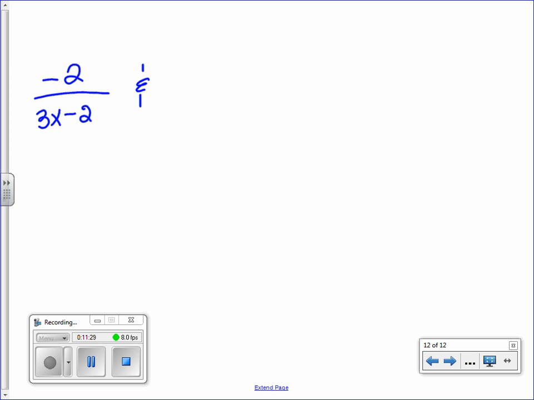Okay. How am I going to figure out what those factors are? I don't know what that one actually has because that's a squared and that's just an x.